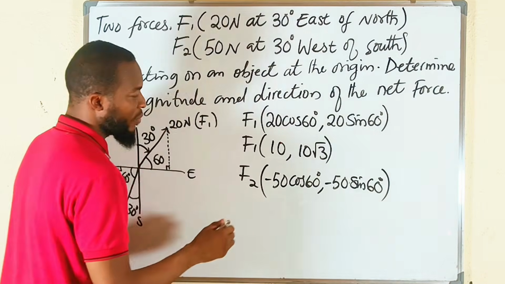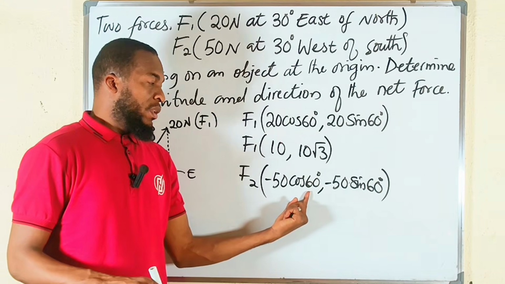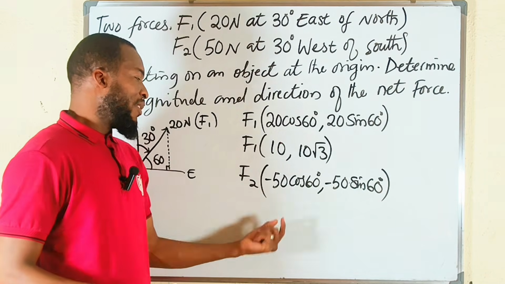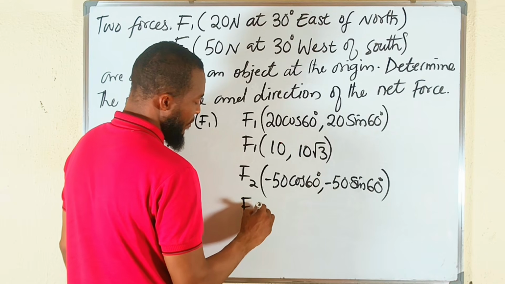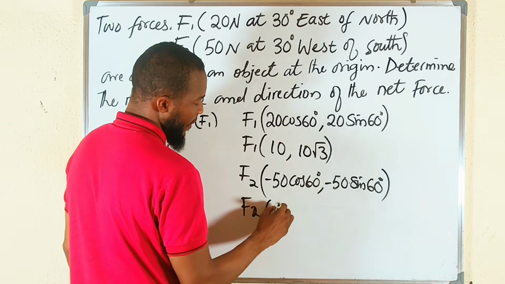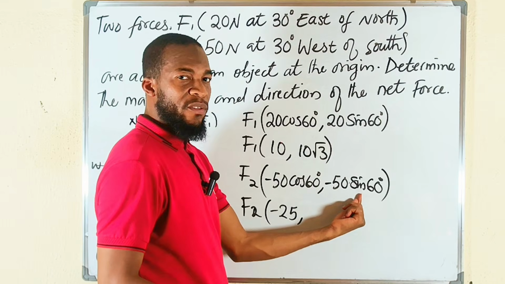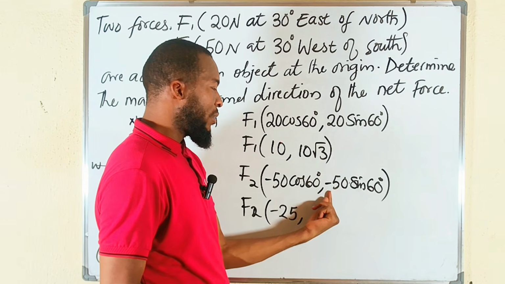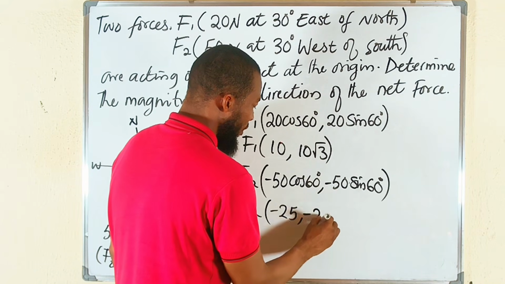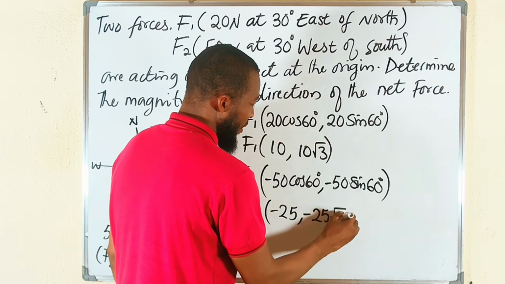So this is what you need to simplify. This is 1 over 2. Half of this is going to give us negative 25. This is square root of 3 divided by 2. Multiplied by this is negative 25 root 3.